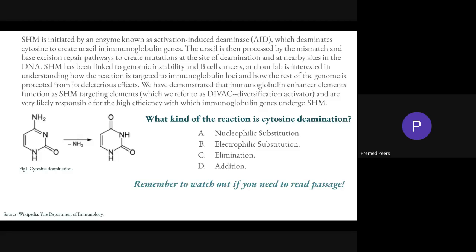When you approach the questions, especially not in CARS, where you have to apply whatever is indicated in the passage, but in other sections, there are individual questions encapsulated within the passage that you don't even need the passage information for. So here, I asked what kind of reaction is cytosine deamination, and what do you guys get?